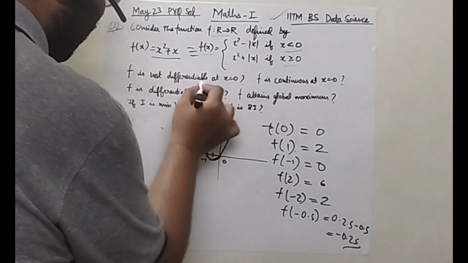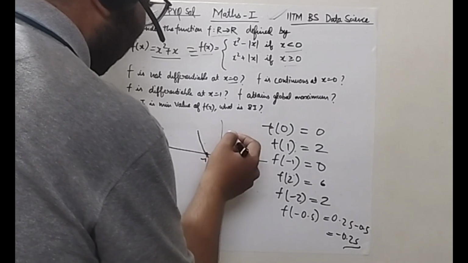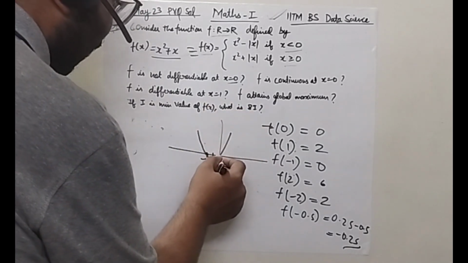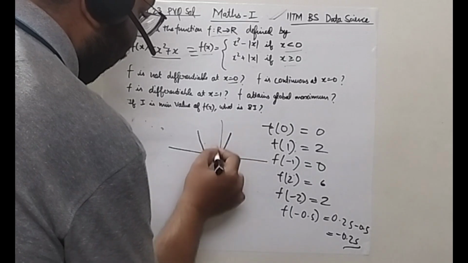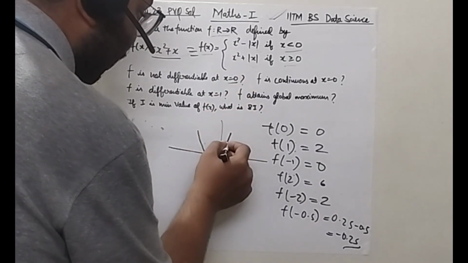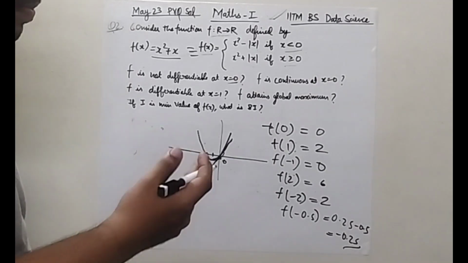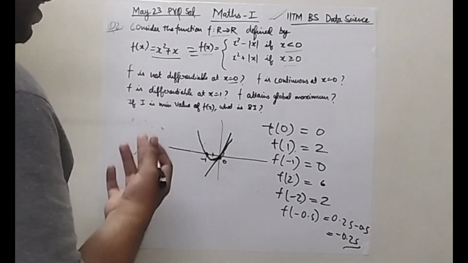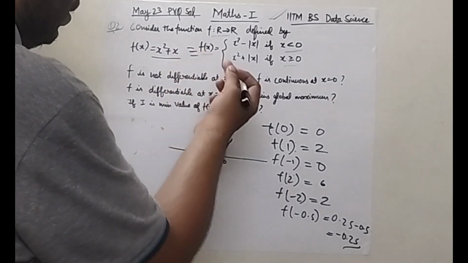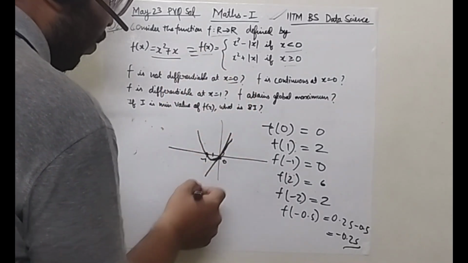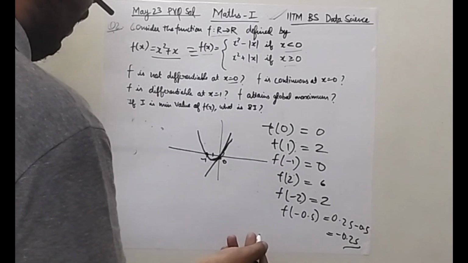So is it differentiable at x equals 0 or not? We can simply see that it is continuous at x equals 0. There is a parabola at x equals 0, and we can simply draw the tangent at x equals 0. Differentiable just means whether we are able to draw the tangent or not, whether we are able to calculate the derivative or not. Since we are able to draw the tangent at x equals 0, it means it is differentiable at x equals 0.